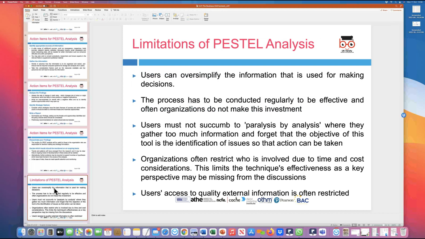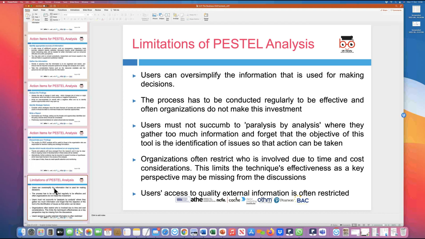These limitations tend to be that sometimes you have to look at lots of information and you have to simplify it to be able to use it for decision making, because you're getting information from the political side, economic side, social factor side. If the trends, for example what consumers are buying, are changing, that would be termed as a social trend, that people are buying online now.